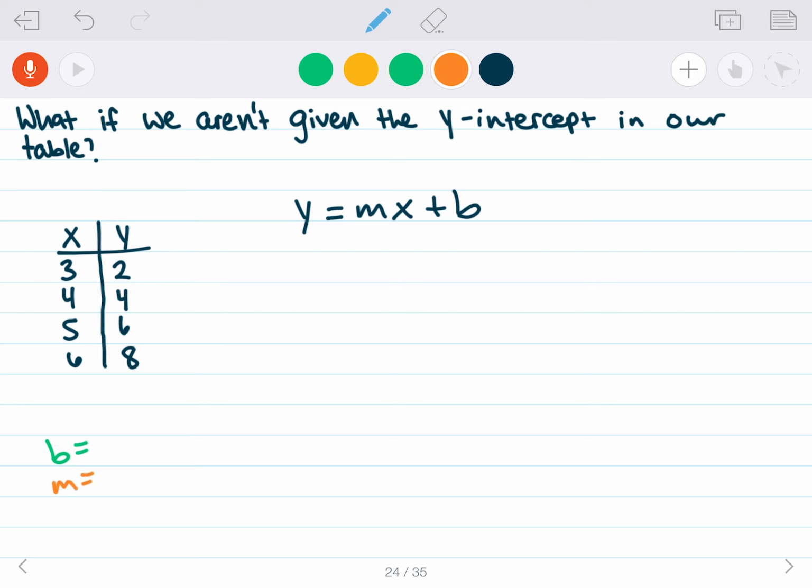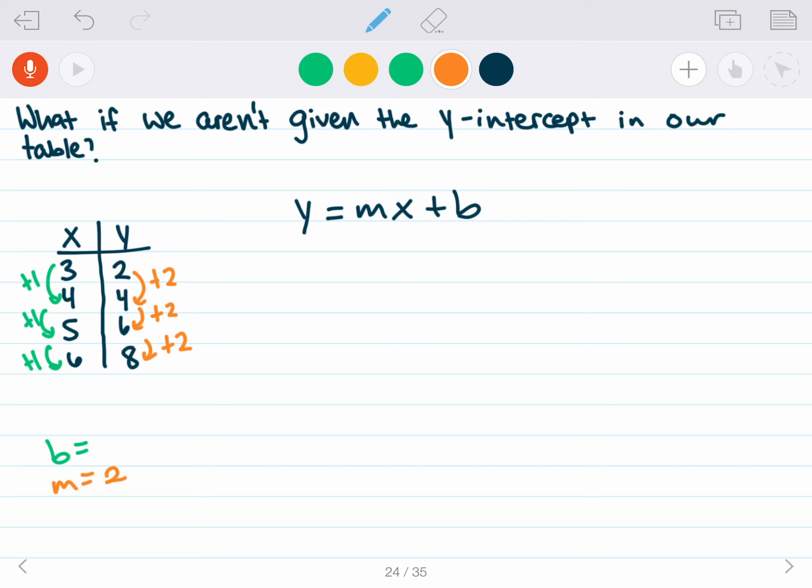B is not in the table, but we can find m pretty quickly from the table. Notice the x's all go up by 1 as we move along. And as x goes up by 1, the y's go up by 2. So the slope is 2.